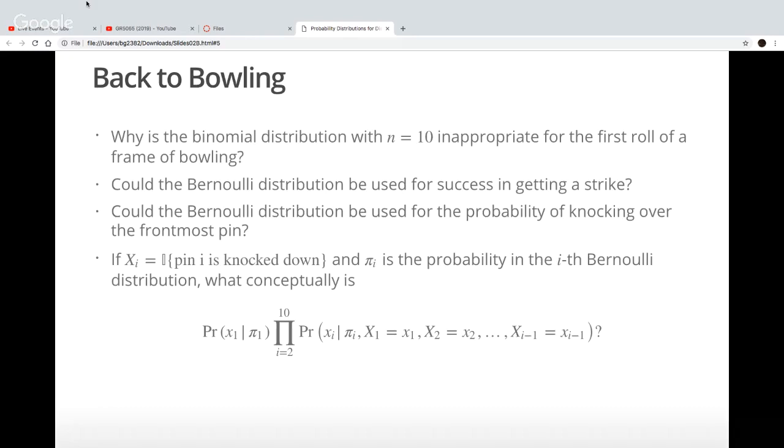Those two things together form a bivariate probability for the first two rolls. And then we go to i equal 3, multiplied by a Bernoulli setup, given the first two pins. The product of those three things gives us a trivariate probability.